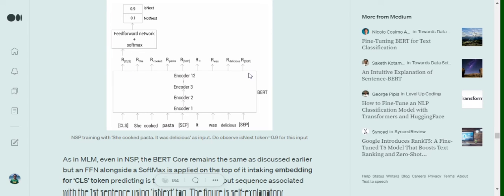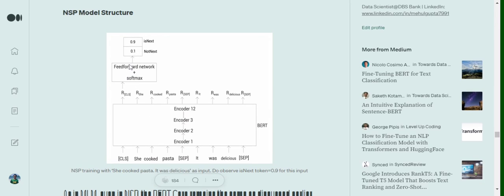Once we get the attention vector for each of the input tokens, we take the embedding for the first token, the CLS token, and apply a softmax plus feed forward network to get the binary classification of whether the second sentence is next or not next. As you can see, the probability for is next is 0.9, hence "It was delicious" was associated with the first sentence.